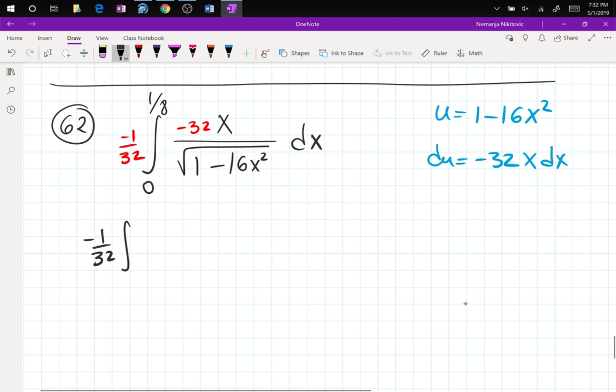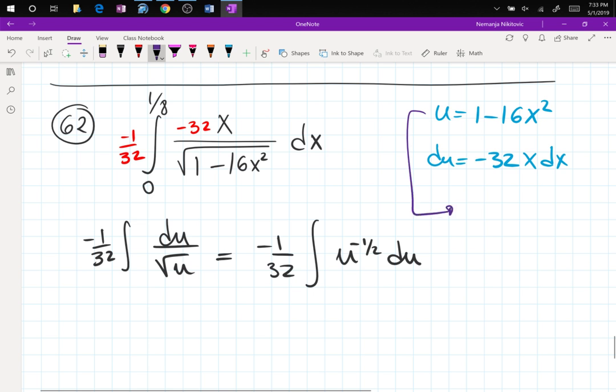The top becomes du, and the bottom is square root of u. So this is now 1 over 32 integral of u to the negative 1/2 du. But hold on, we had limits.